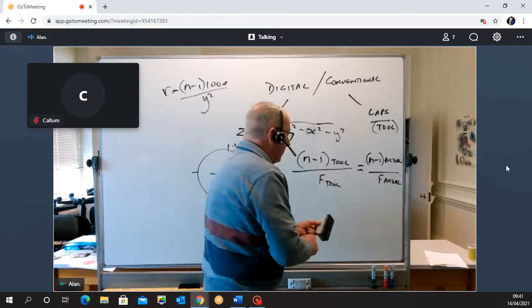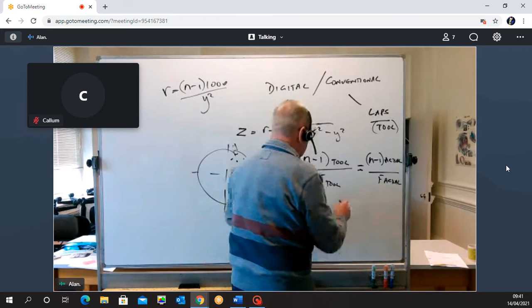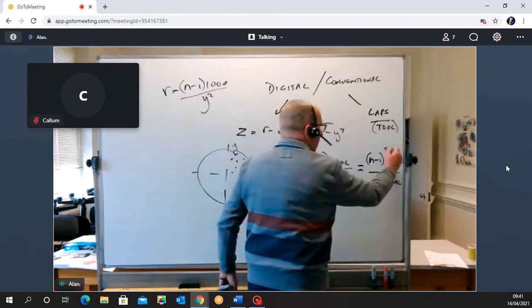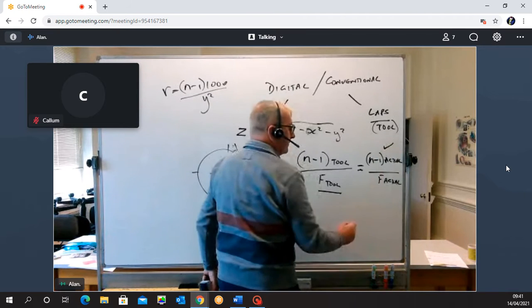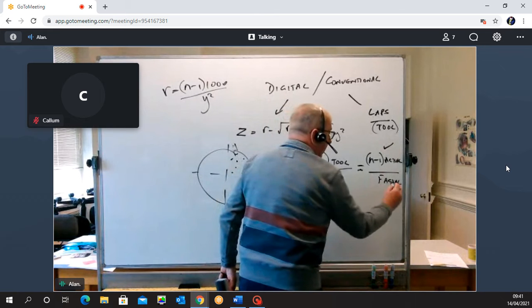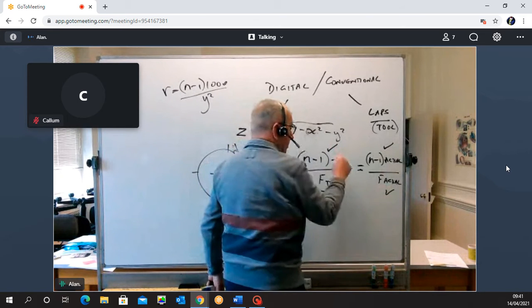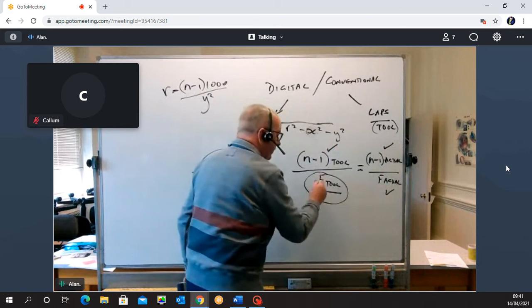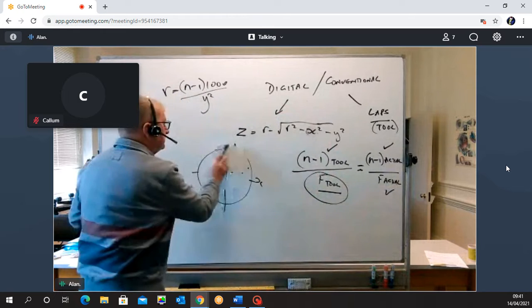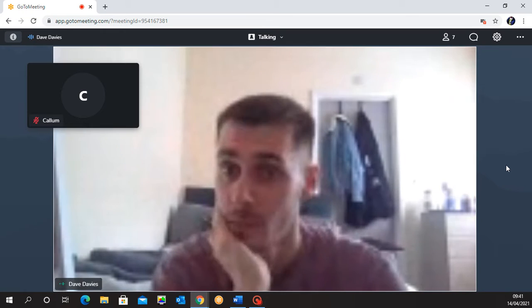So invariably you're finding F tool, you're finding that one. What material you're using, the surface power you want, the index of the laps that you've got. It's that one that you don't know. Does that make any sense?